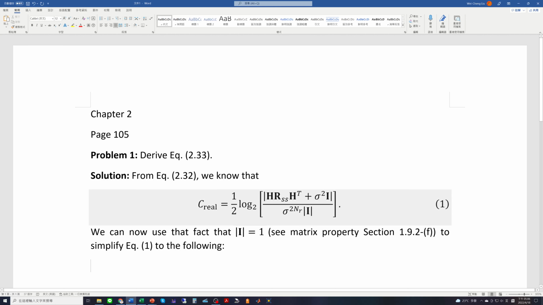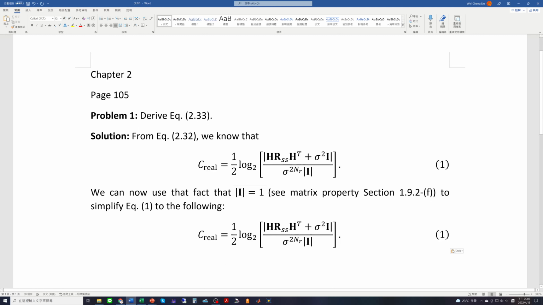So C real is equal to this equation, and now we know that the determinant of I is equal to 1, so we can delete this term. And we call this equation 2.